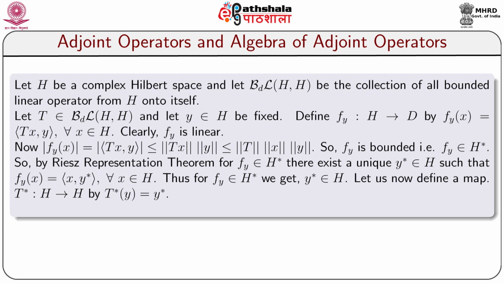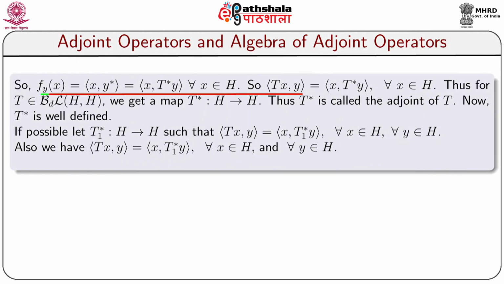So by the Riesz representation theorem, for F_y belongs to H star, the collection of all bounded linear functionals over H, there exists a unique y star belongs to H such that F_y(x) equal to inner product x comma y star for all x belongs to H. Thus for F_y belongs to H star we get y star belongs to H. Let us now define a map T star from H to H by T star y equal to y star.